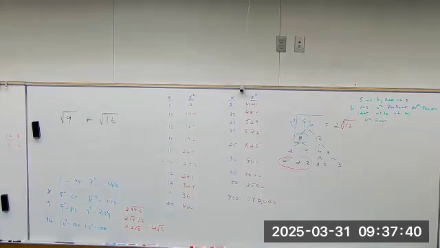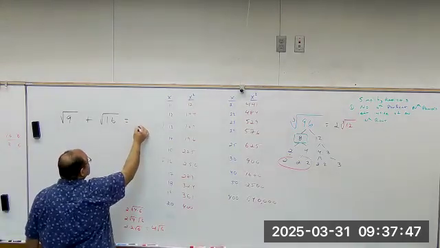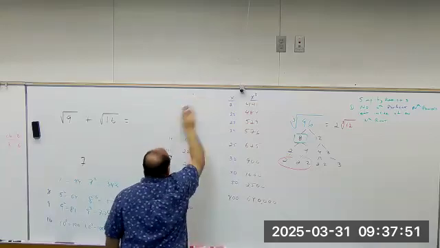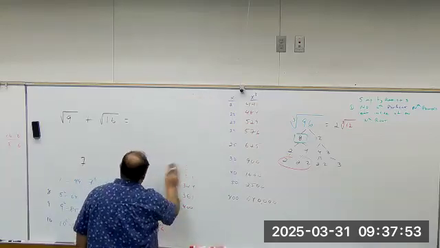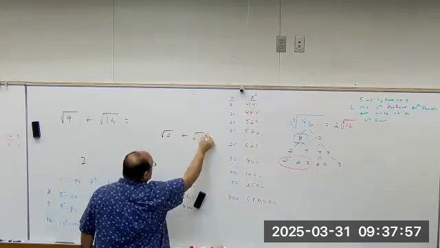What does it equal? Oh, 7. That's 7. So that's a 7. What is the square root of 2 plus the square root of 3?